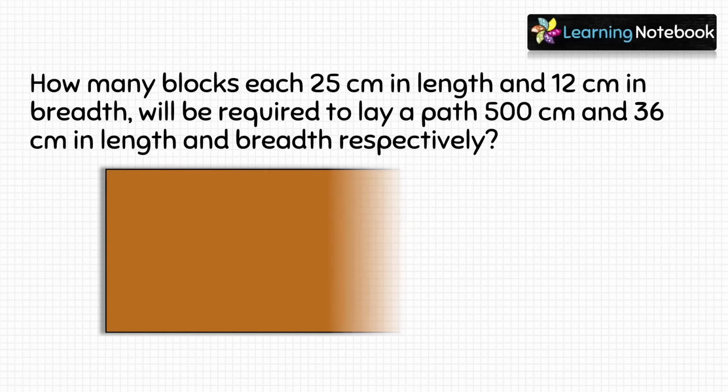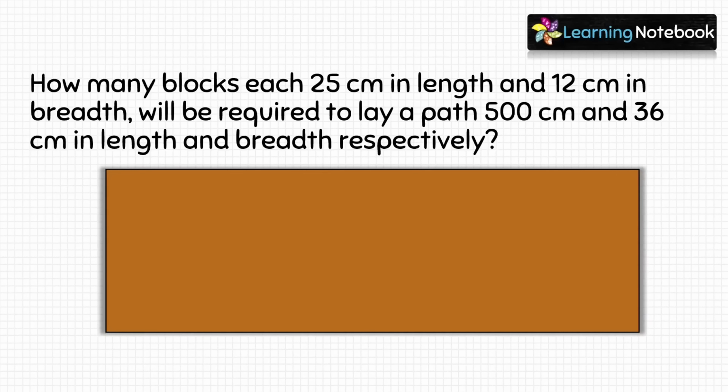Let's first understand this question. Suppose this is a path of length 500 centimeters and breadth 36 centimeters. Now we have to cover this path completely with blocks as shown here.